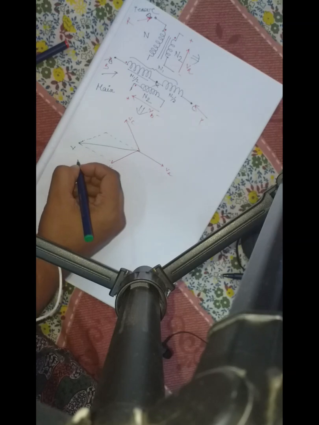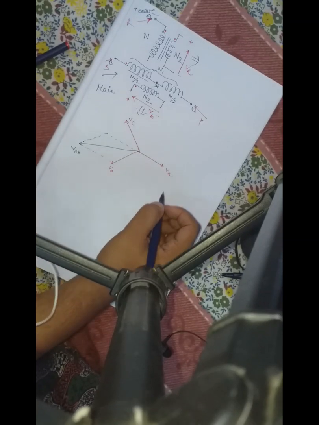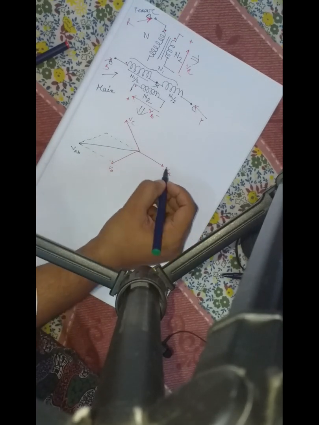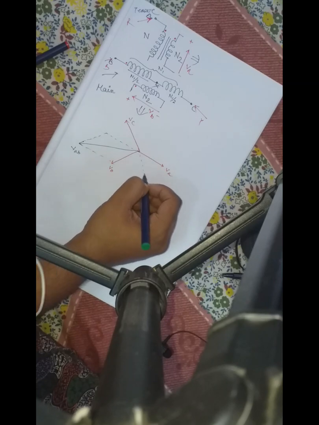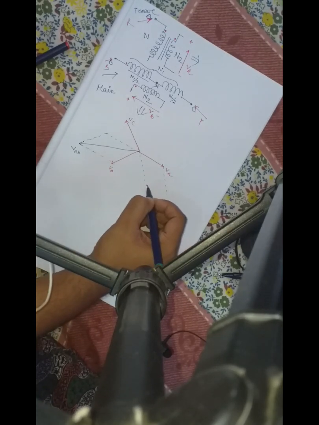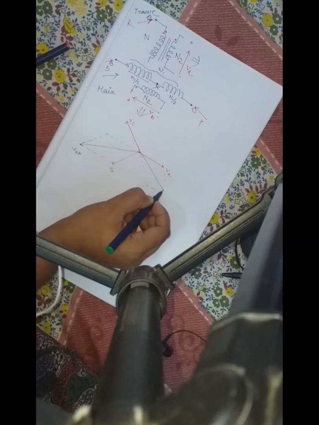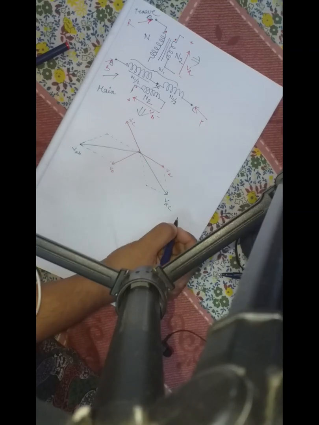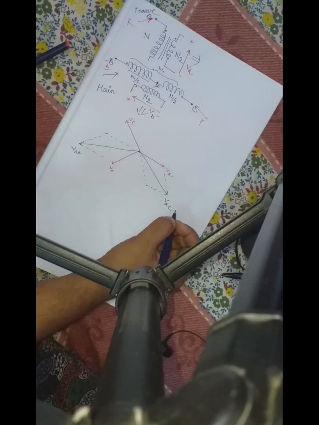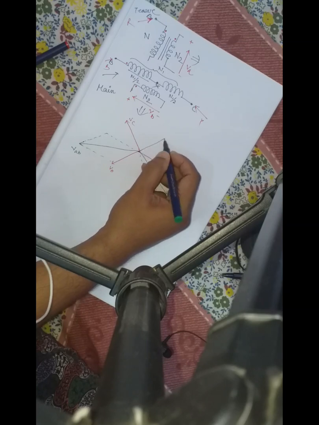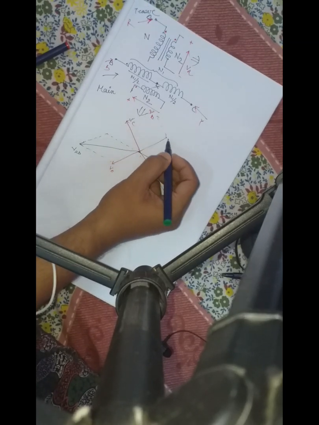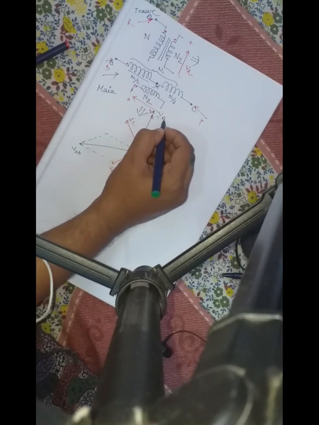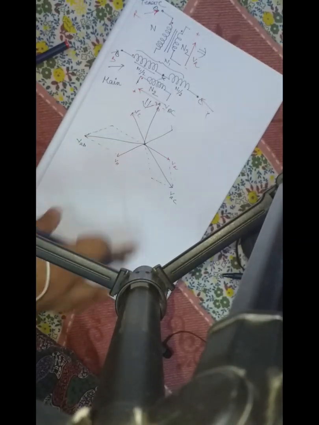This is VAB, this is VC. This is VAC, another is VBC. They are also 120 degrees apart. This is VBC.